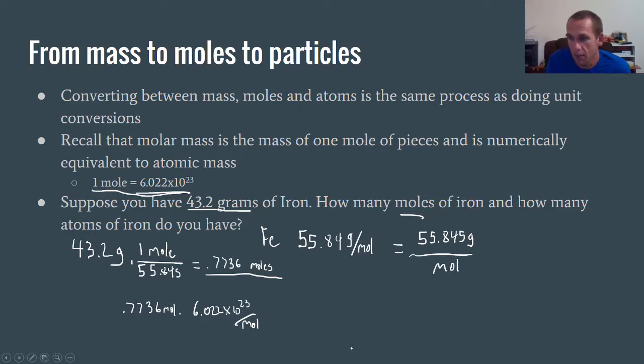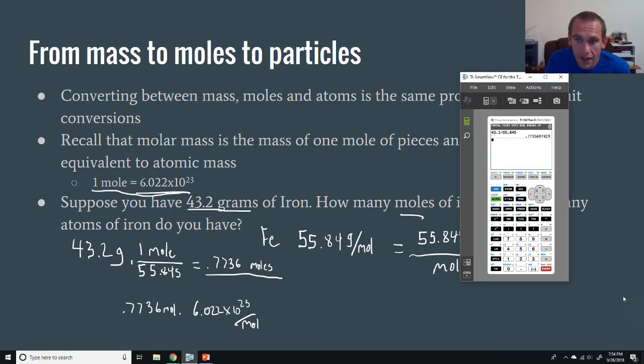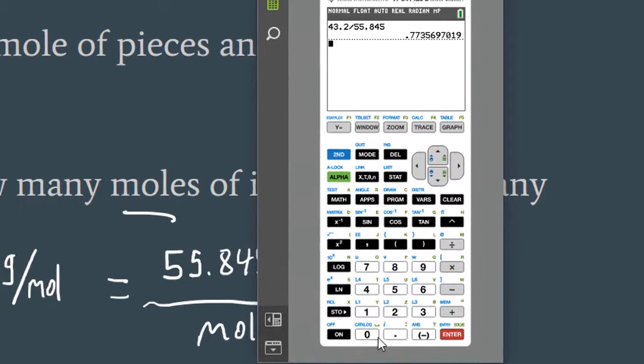So then again with my calculator, and this is a handy way of doing this, I can just go times, because that's my answer, and then 6.022 times 10 to the 23rd. I type 6.022, and then I'm going to push second EE. It's right above the comma there.